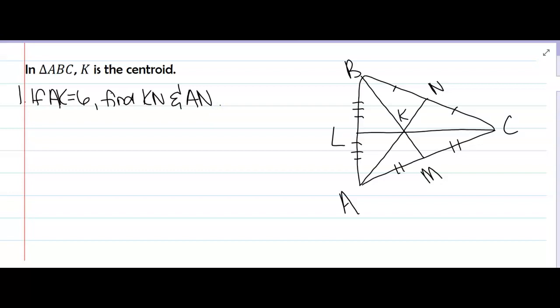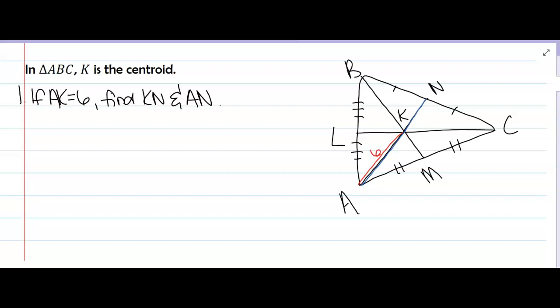Okay, so it tells me AK, this distance here, that's going to be 6. Remember, AN is the median. The distance they've given me is the distance from the vertex to the centroid.